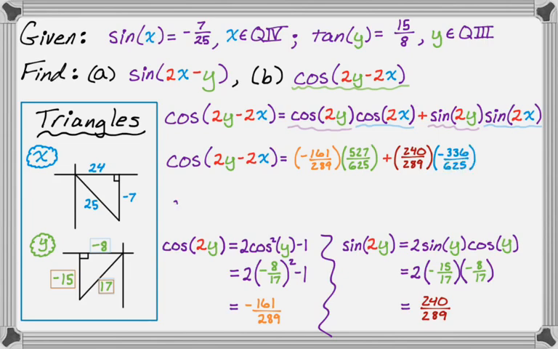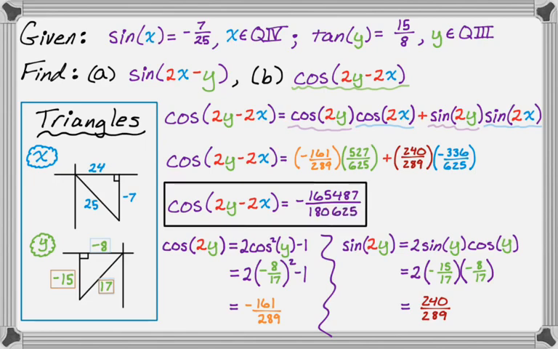Grab a calculator, and we get that the cosine of 2y minus 2x is negative 165,487 over 180,625.